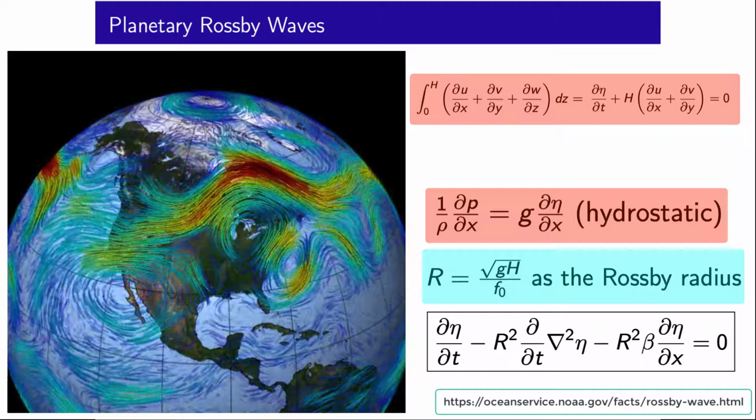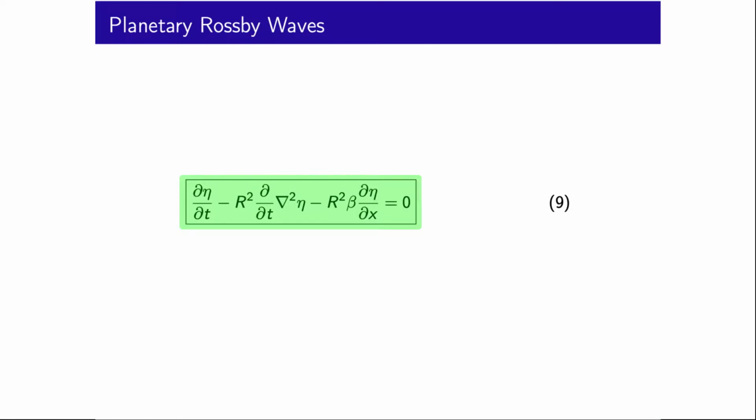This derivation gives us the rate of change of eta minus the Rossby radius squared times the rate of change of the Laplacian of eta minus the Rossby radius squared times beta times the x derivative of eta. Here we will look into the dynamics described by this wave equation.